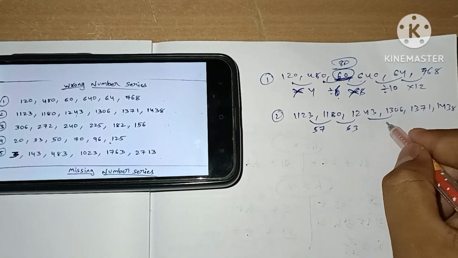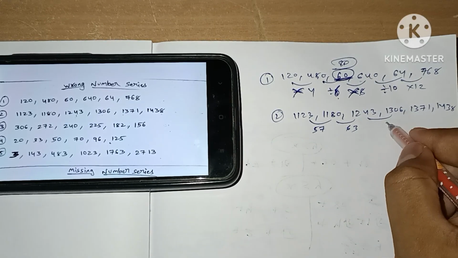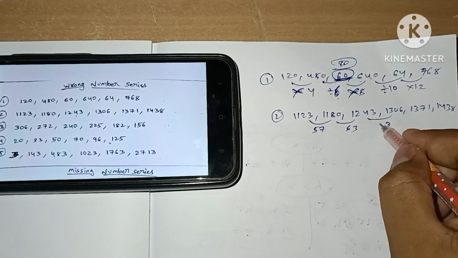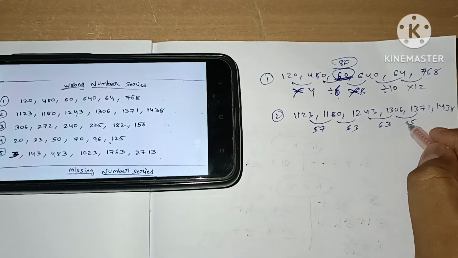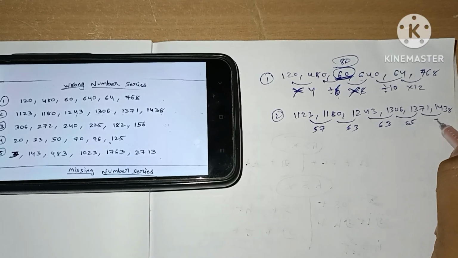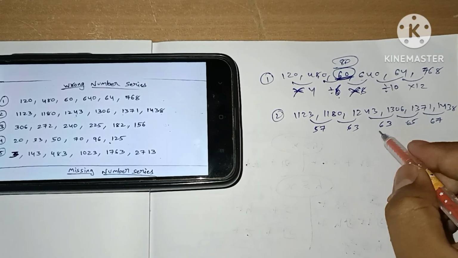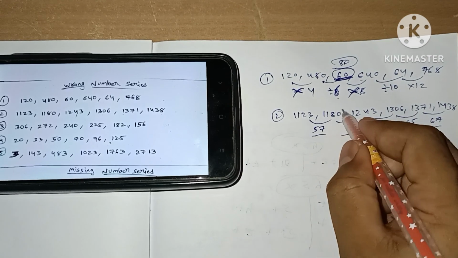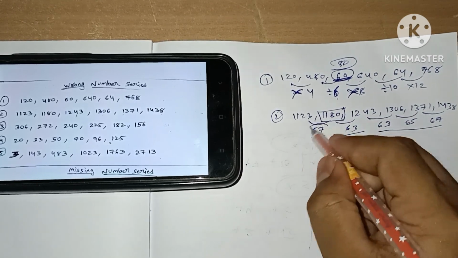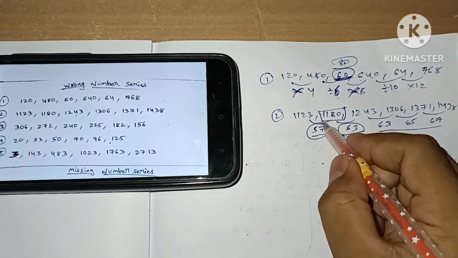Here the difference is 63. Here the difference is 65. Here the difference is 67. So these are in an odd number sequence. These two are missing, so this is our wrong number. These are wrong in between them. So this is our wrong number.